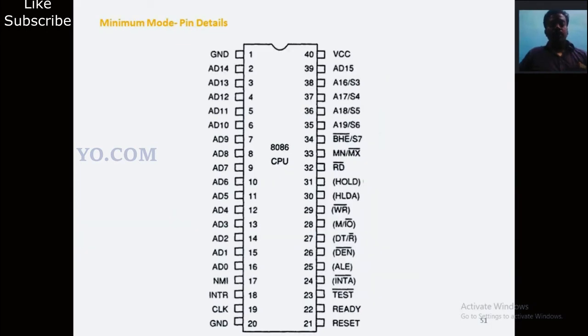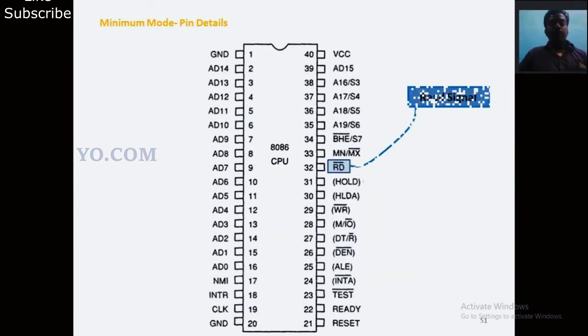The next one is RD. What is RD? Read signal. Read means the microprocessor gets the data. When the microprocessor performs the read signal, it receives the data.